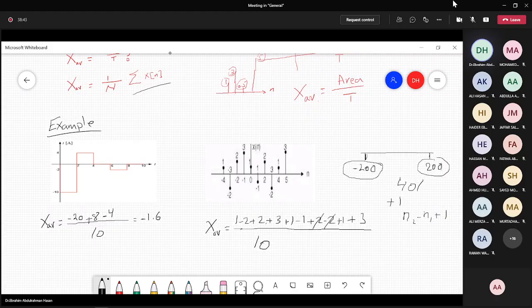So this cancels with this one, this cancels with this one. So we are left with 1, 3, 1, 3. So it is 8 divided by 10. So it is equal to 0.8.